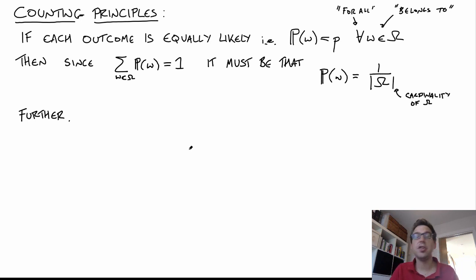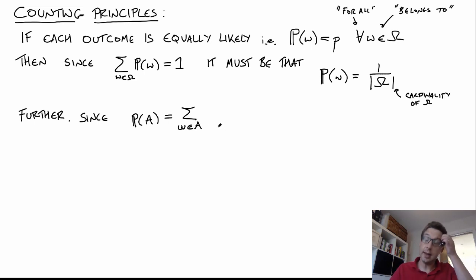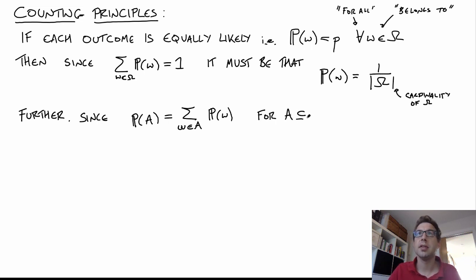Remember that if we wanted to know the probability of an event, so remember an event is a set of outcomes, so if we want to know the probability of this set of outcomes occurring, then we get that by summing up all the outcomes within the set A, and the probabilities for each of those outcomes. Okay, and this is true for any subset of our sample space.